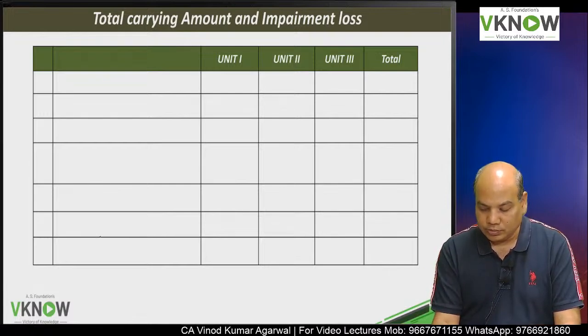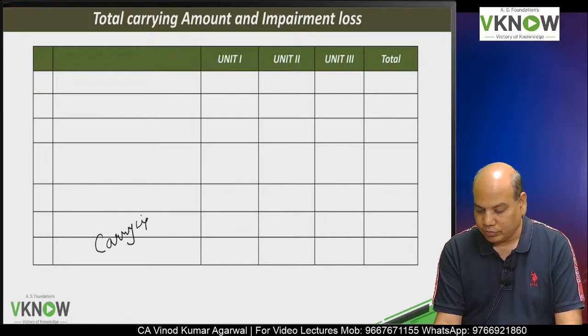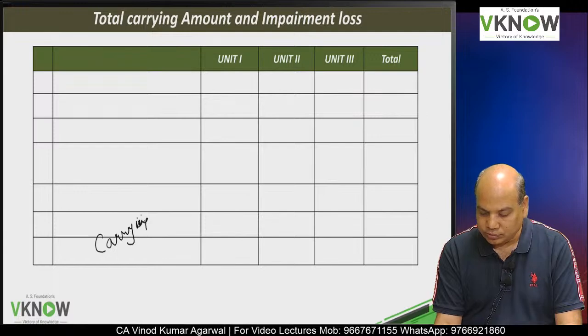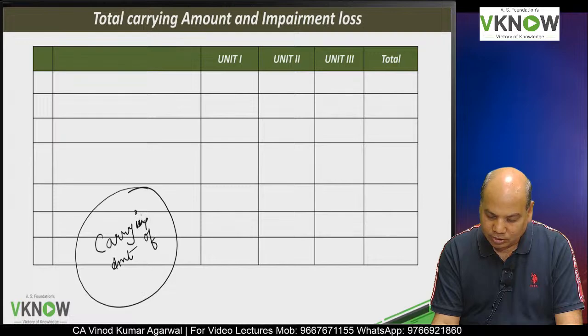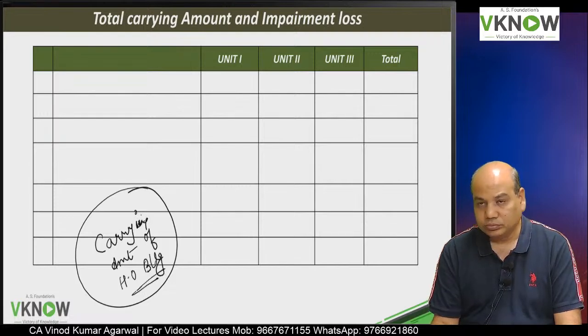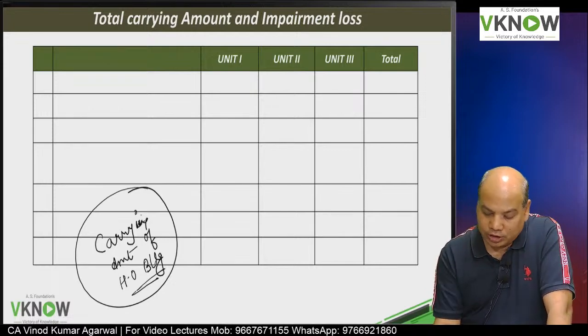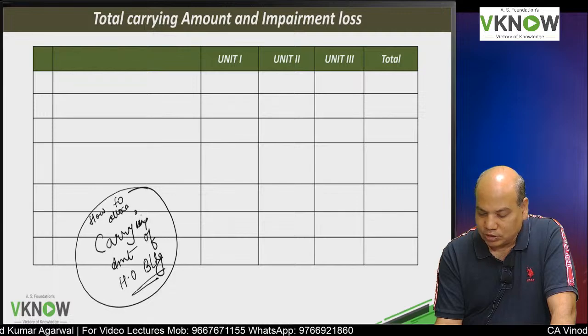The question is how to allocate the carrying amount of the HO building. Can you answer?